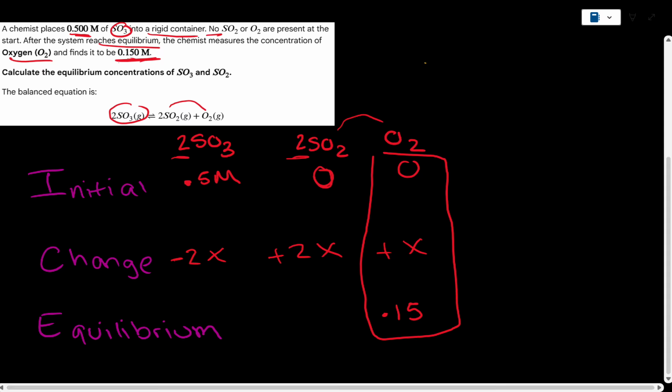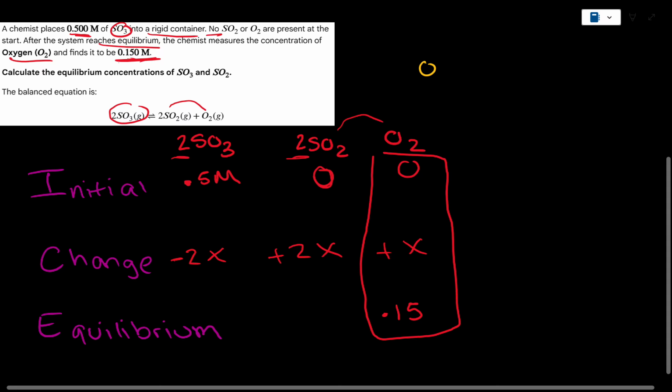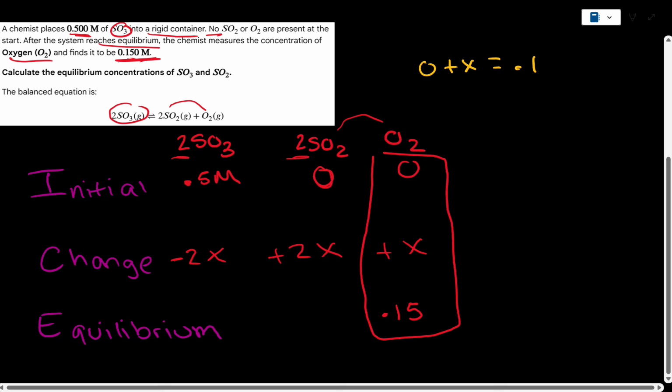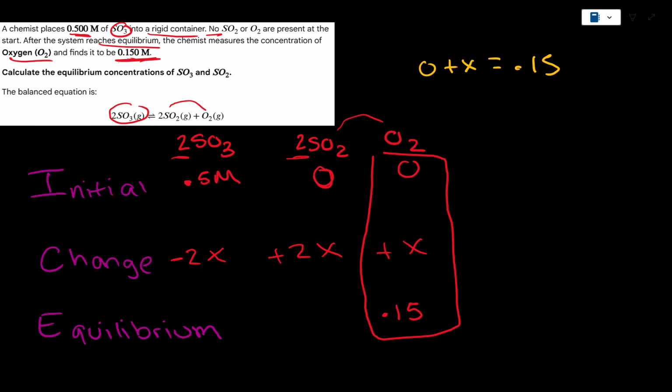So the initial, 0, plus the change, plus x, should give you 0.15, right? Because the change happened to the initial, which then got you to the equilibrium. And now you can just solve this algebraically. You subtract 0 from both sides, and this is going to equal x equals 0.15.